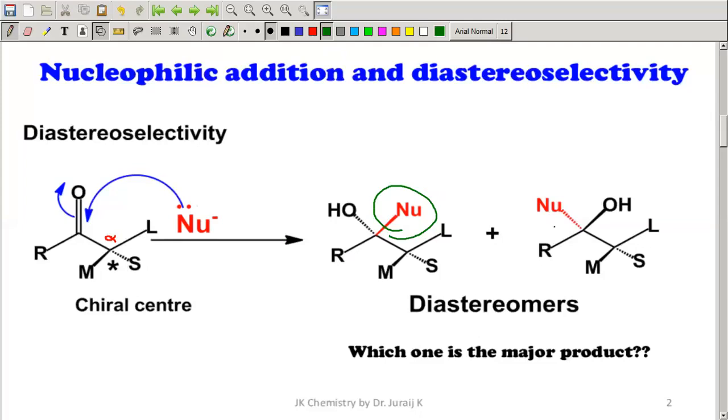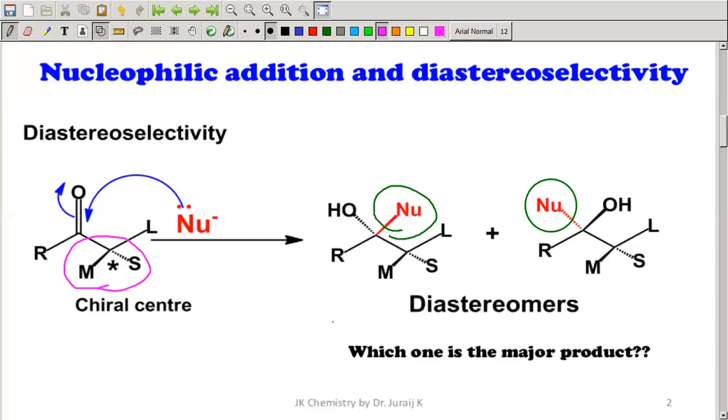In that situation, your nucleophile takes a dash position. So two possibilities are there, but remember that nothing will happen to this chiral center. The chiral center remains the same, with no stereochemistry change. The stereochemistry plays out at this carbonyl carbon only. So either your nucleophile takes a wedge or dash position.